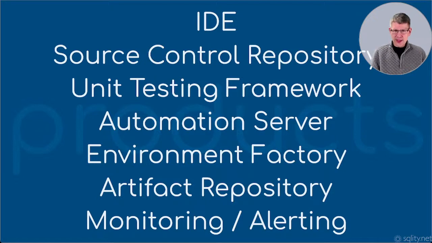Then you do need an artifact repository. If your CI pipeline has spit out a version of your code that is certified, that has passed all the tests, that version of the code, that compiled version of the code should be stored somewhere.